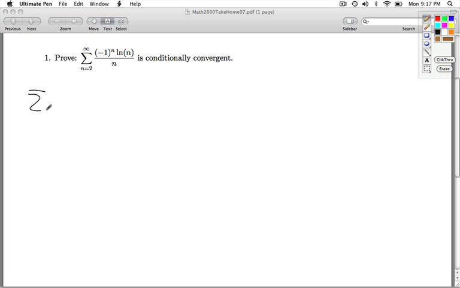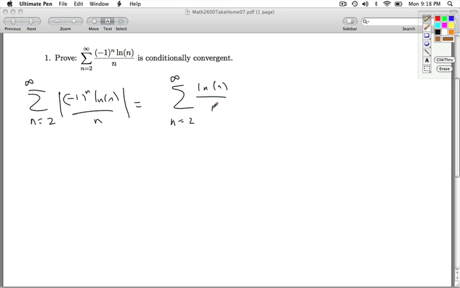So let's look at the series obtained by taking the absolute values. We have to show that it diverges. And in fact, we know what the absolute values are. We had them for the alternating series test. It's natural log n over n. Now notice here the n is bigger than or equal to 2. Well, let's go back to our argument before.